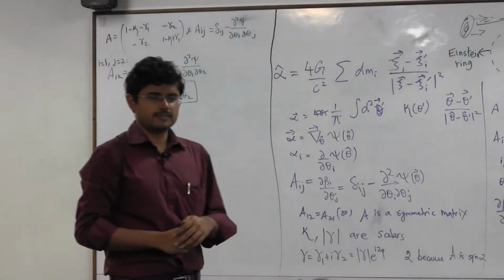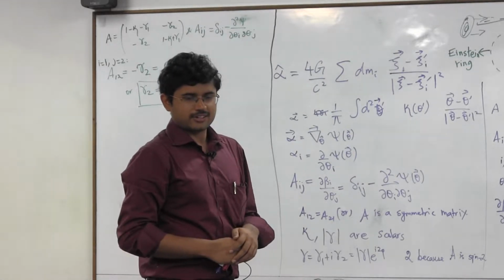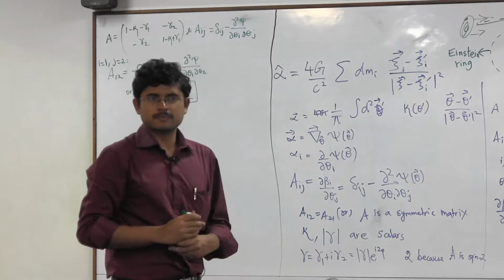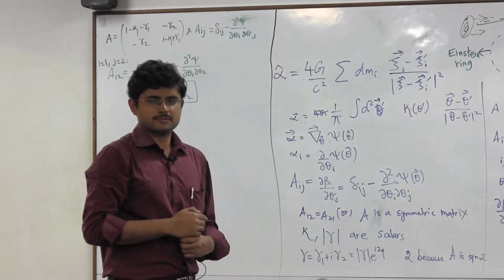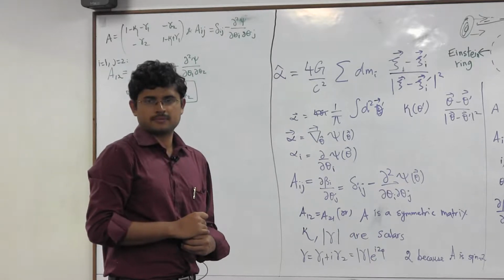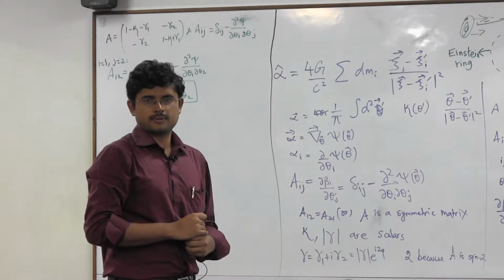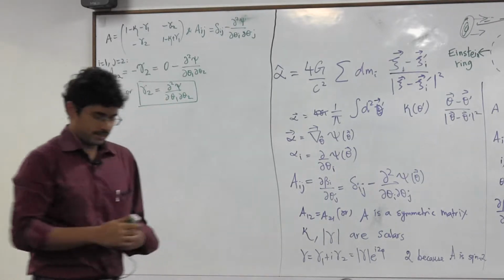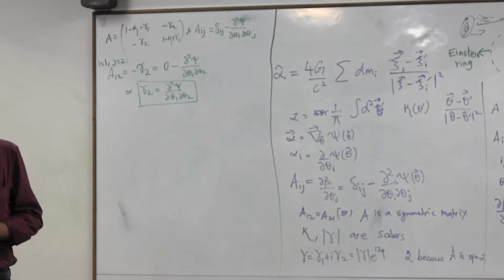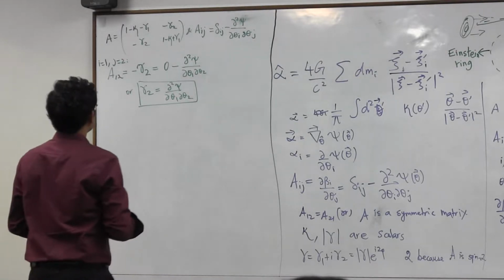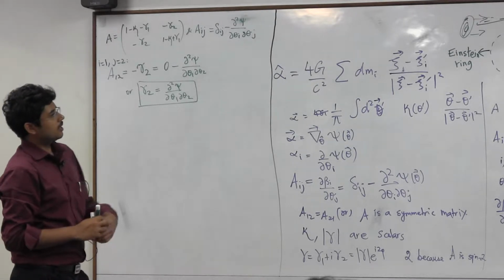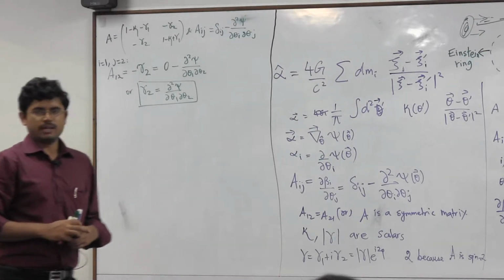So do you have an expression for kappa? Yeah, that's good. And gamma 1? Yeah, that's good. But how did you solve it? Did you take A11, A22 separately, or?